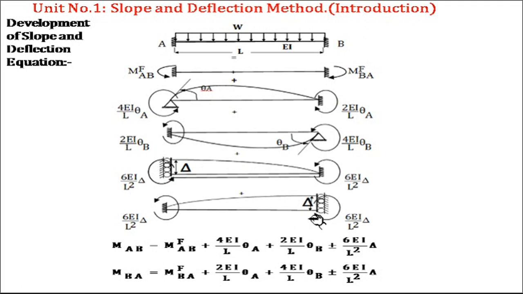In the next figure, produce a vertical deflection at B by delta. Due to this, the moment induced at B as well as at A will be 6EI upon L square delta. Now here the rotation is given in anti-clockwise direction, so the moment induced will also be in the anti-clockwise direction.